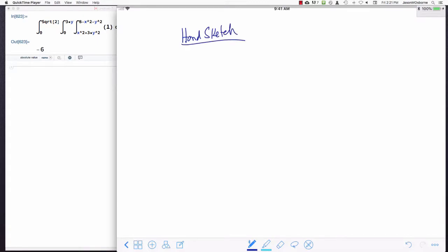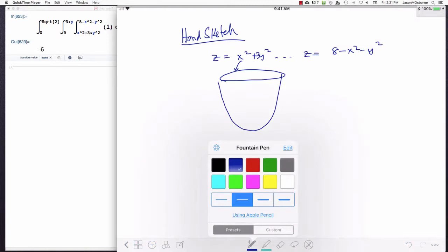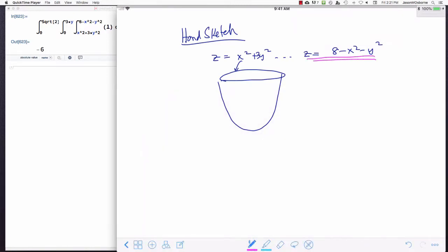Okay, we were given that z went from x squared plus 3y squared up to z is equal to 8 minus x squared minus y squared. Okay. Which is, if you're looking for this triple integral, you're basically saying that x squared plus 3y squared is this paraboloid, and this is also a paraboloid, but the minus signs make it open downward. Okay, so we've got two paraboloids, one that opens up and one that opens down.